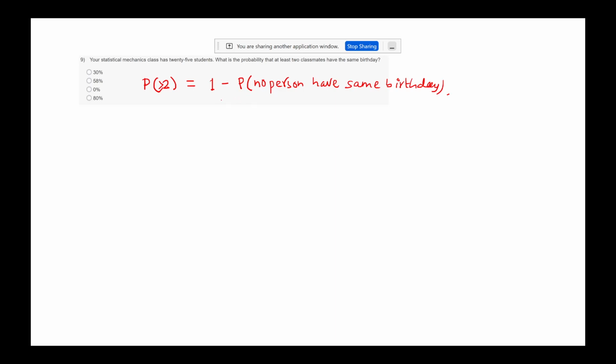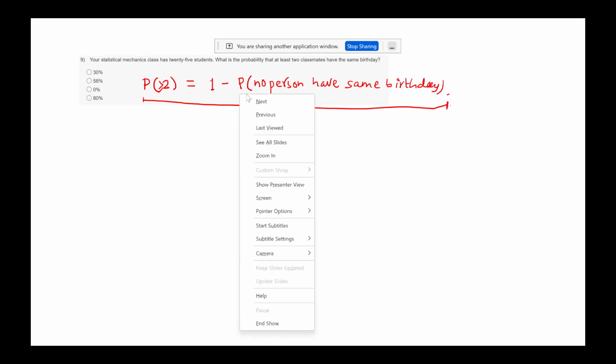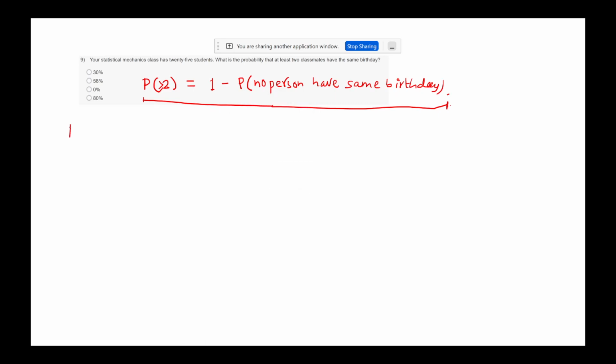So do all agree with Tathagata? Absolutely. Yes. So now we have to calculate this thing. What is the probability that no person has the same birthday?